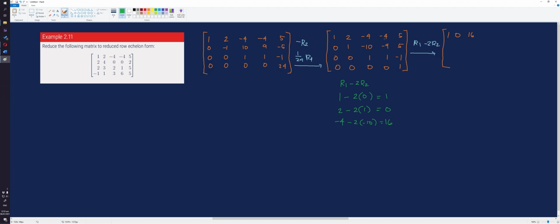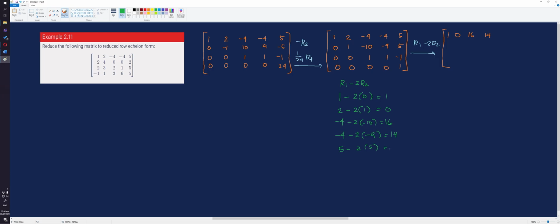Next, the fourth element of row 1, which is negative 4, minus 2 times the fourth element of row 2, which is negative 9. Perform the operation, we get 14. And finally, the fifth element of row 1, which is 5, minus 2 times the fifth element of row 2, which is also 5.